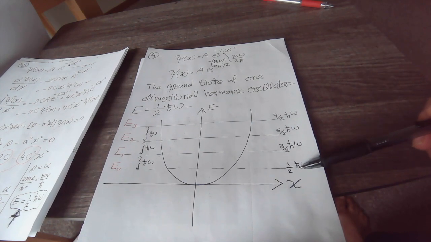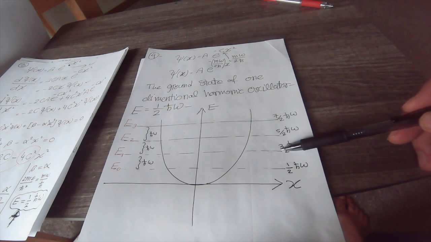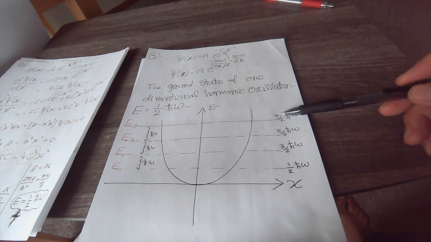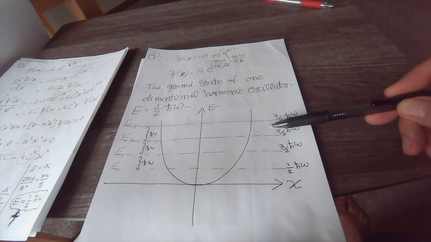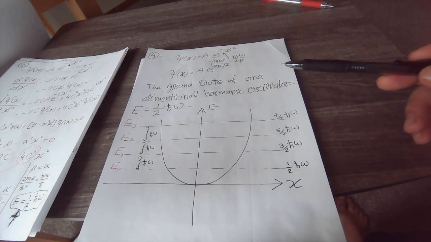So you can see here the ground state. This is the ground state. This is the first excited state. This is the second excited state, and this is the third excited state. And you can see that the spaces between those energy levels are equal.